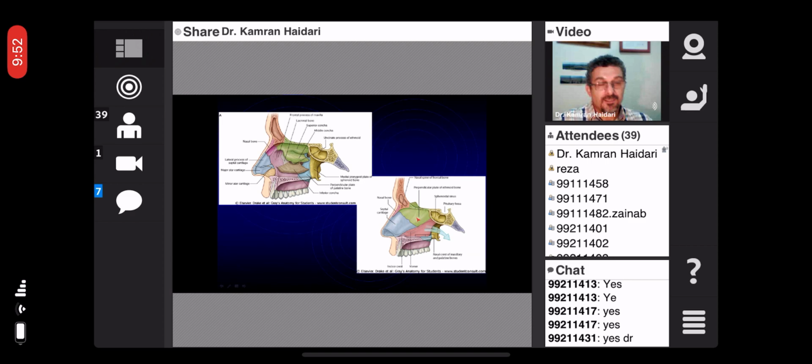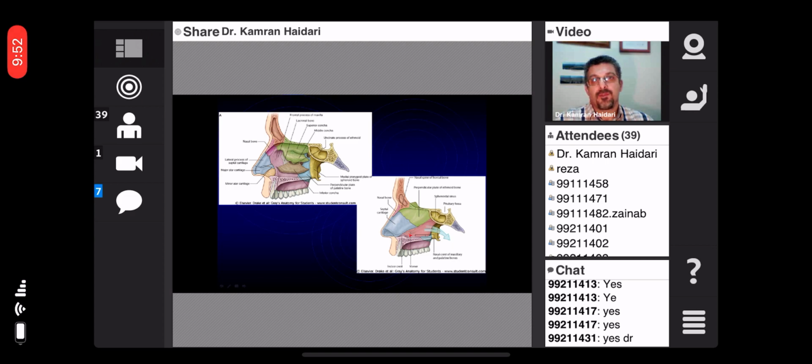The bony part consists of contributions from 2 bones: the perpendicular plate of the ethmoid bone, as I told you before, green is related to the ethmoid bone. Green, ethmoid. Okay? And the vomer bone.